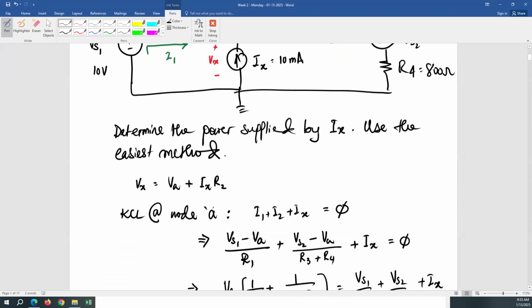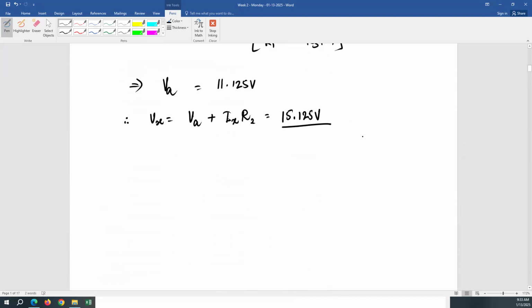All right, so what we need to know now is power. Power is simply the product of voltage and current.